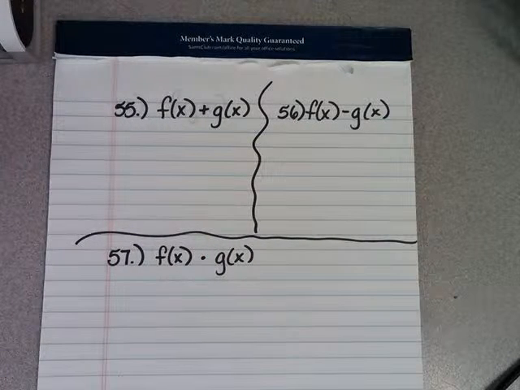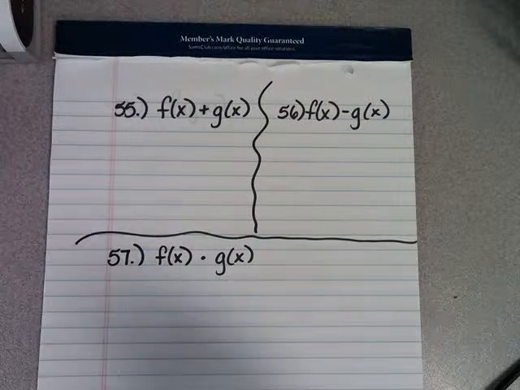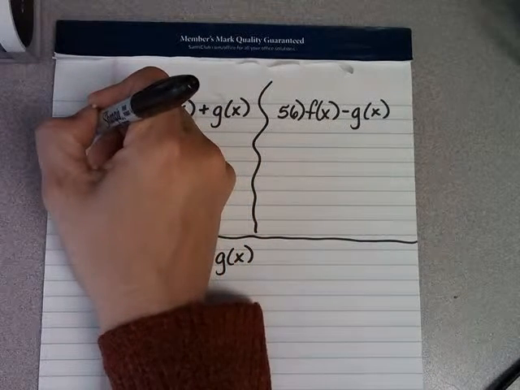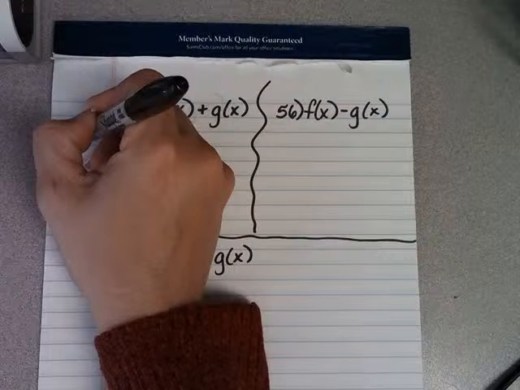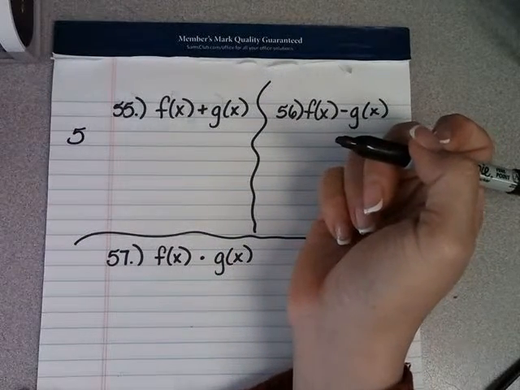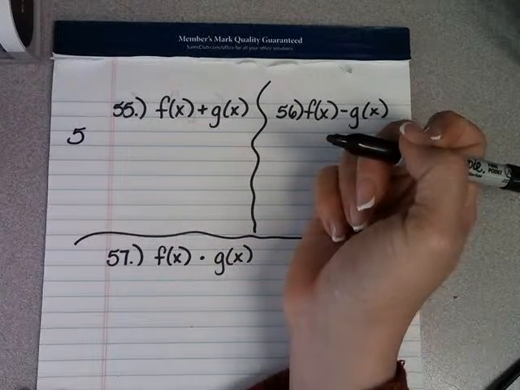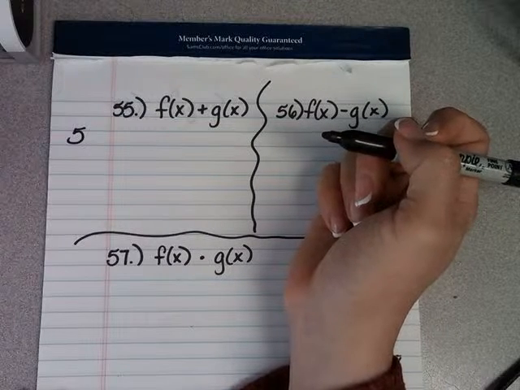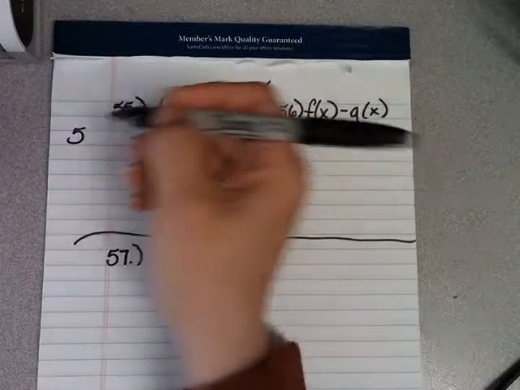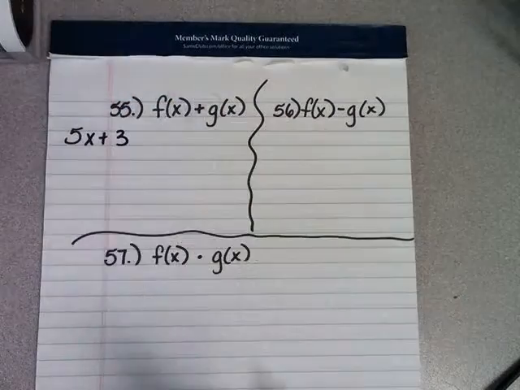So, Janaya, tell me what I'm going to write for f of x. We're on number 55. So what does it say f of x is? 5x plus 3. And then that's my f of x.